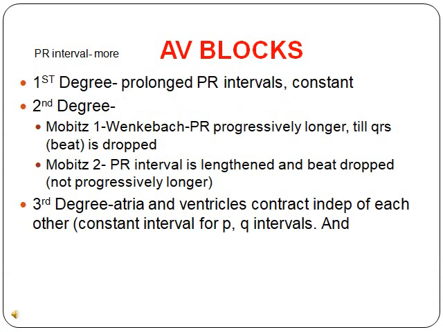AV block. An AV block is when the conduction between the atria and the ventricle is impaired. With all AV blocks, the only thing that we're really looking at is the PR interval, as we showed in the slide before.